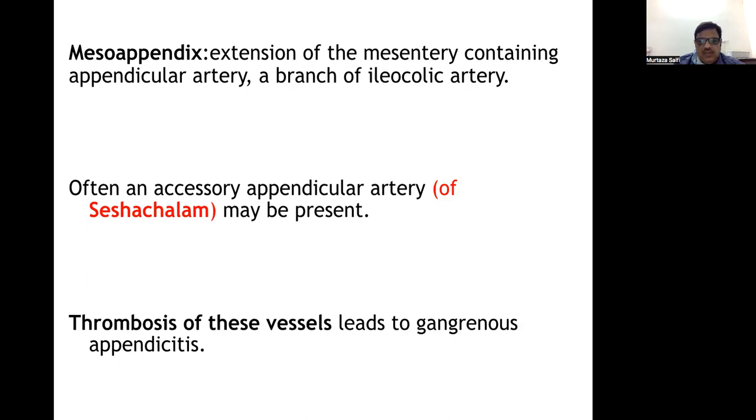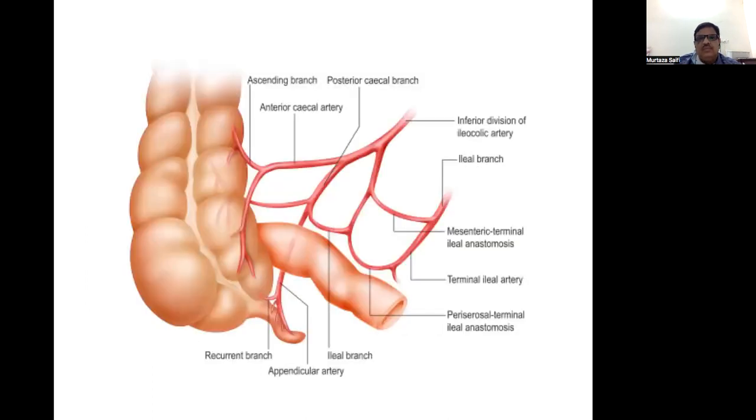Thrombosis of these vessels leads to gangrenous appendicitis. We have seen many times gangrenous appendicitis due to thrombus of appendicular artery. Appendicular artery is the end artery, so thrombosis occurs and gangrene of the appendix often occurs.